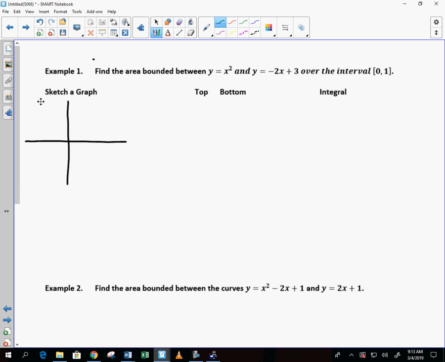What does the graph of x squared look like? Parabola. And then how about negative 2x plus 3? Yeah, it's a line.